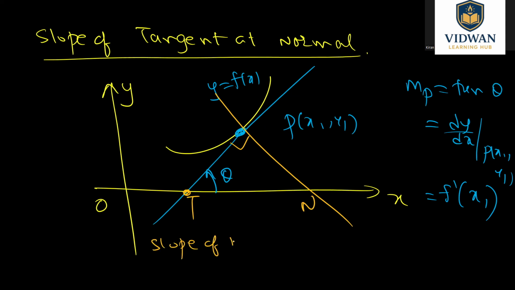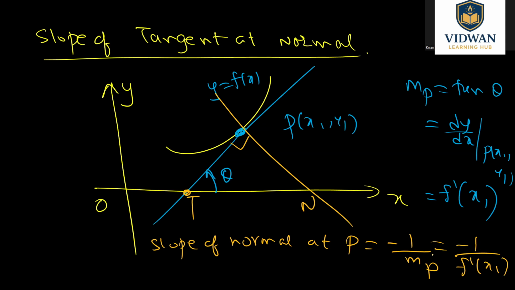Minus 1 by the slope of the tangent at P, and that is minus 1 by f dash of x1. Since tangent and normal are perpendicular, the product of the slopes is minus 1. So the normal has a slope minus 1 by f dash of x1, or you can even leave it as dy by dx if required. So this is for tangent and normal slope.